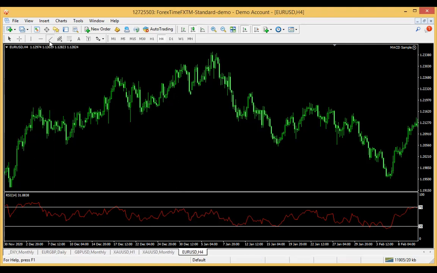Anytime you want to form that divergence, the first peak will touch the overbought or oversold level, but the next high will not touch. You know, there are strategies that if you don't understand, look at it here now. This one will be the only one to touch the overbought level, but this particular one will not touch. So you want to form what we call divergence. It's telling you that this is the last move to buy. After this move, market will start going up, okay?